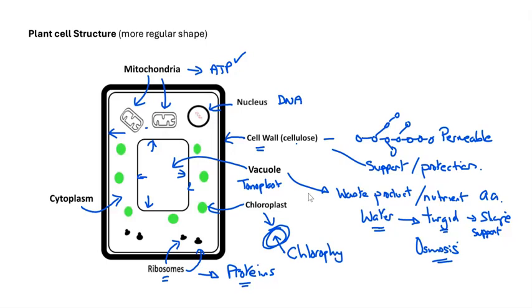And chlorophyll is a molecule which can capture light energy and turn it into forms of chemical energy. And this, of course, is the process of photosynthesis. So that's obviously a topic that we'll be covering in a lot more detail later.